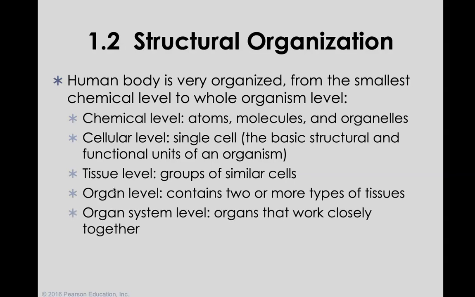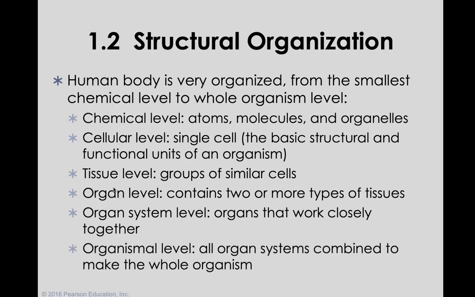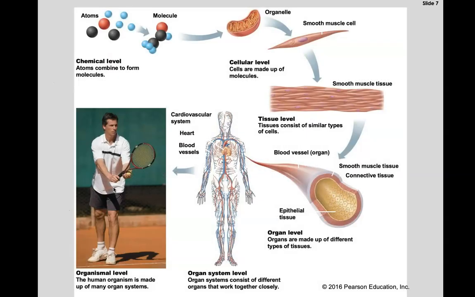And then we might take the brain and the spinal cord and peripheral nerves and put them all together and make up the organ system, right? So organs that work closely together for a common function are at the organ system level of organization. And then we take all those organ systems combined together to function together for the whole organism. So that's at the organismal level of organization.